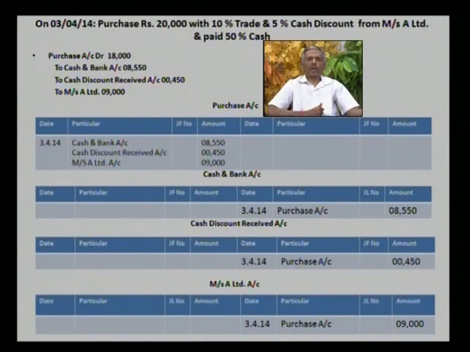So first part of the credit journal will be credited at the cash and bank account. Second part, again it will be credited at the cash discount received account, and finally it will be credited at Messrs A Limited's account, with the same name of the counter account, because it is the same purchase account with the three respective amounts.